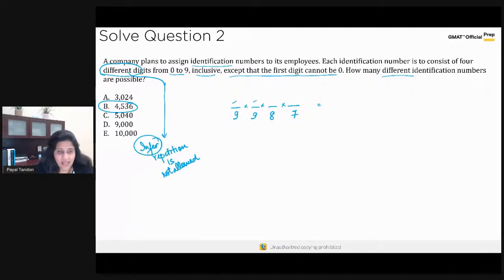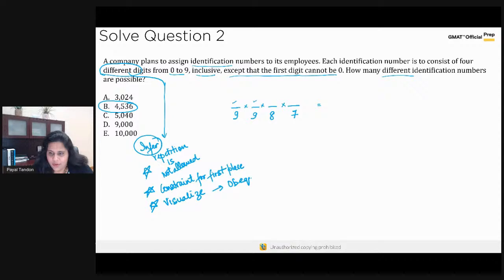Everything else is the same as the previous one. You have the constraint, that 0 constraint for the first place, and then you need to visualize in order to formulate your objective equation. Very straightforward.